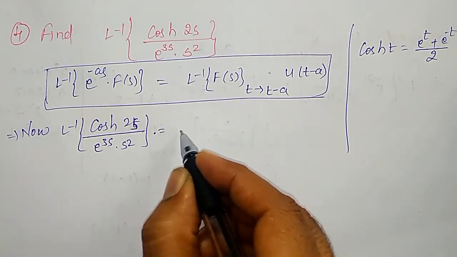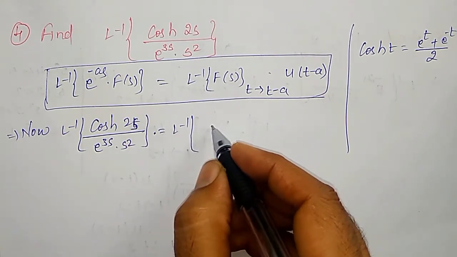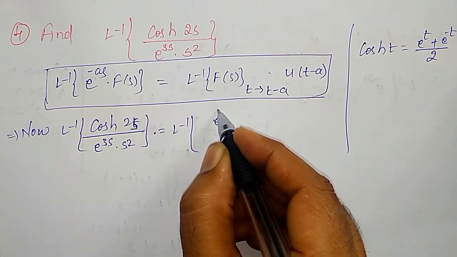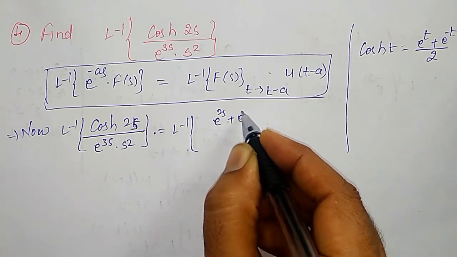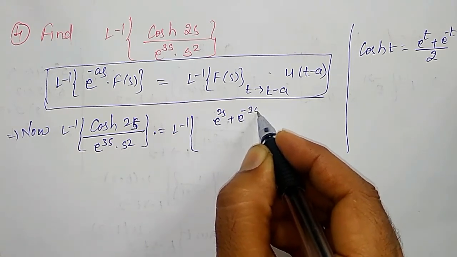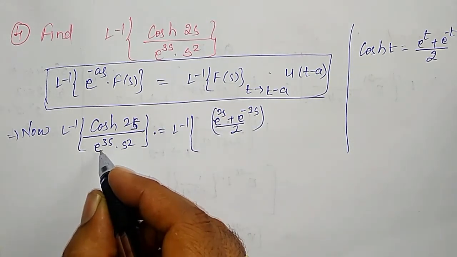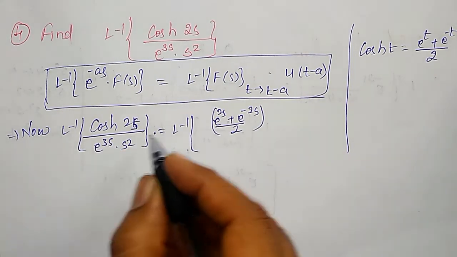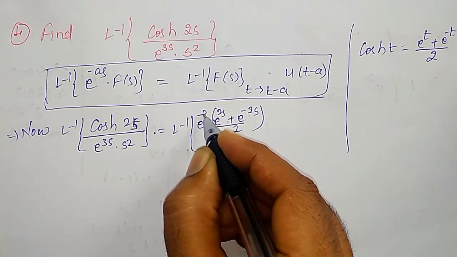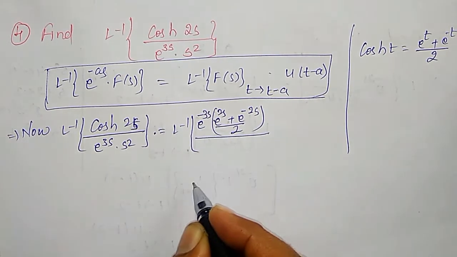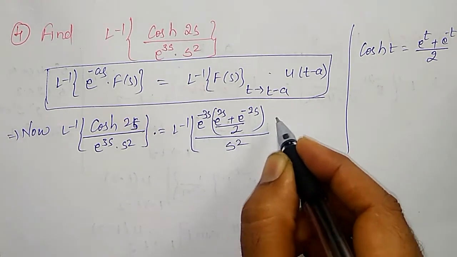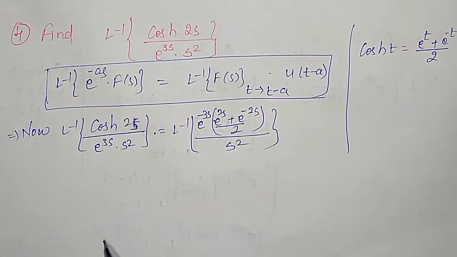I will use it as inverse Laplace transform of e to the power 2s plus e to the power minus 2s divided by 2, and e to the power 3s is in the denominator. I will take it to the numerator as e to the power minus 3s, whole divided by s square. Same thing, only adjustment.